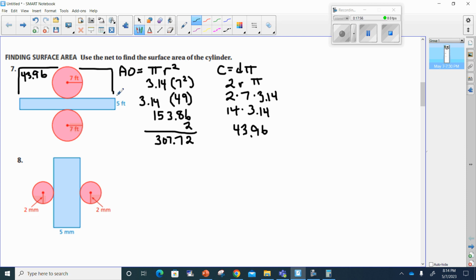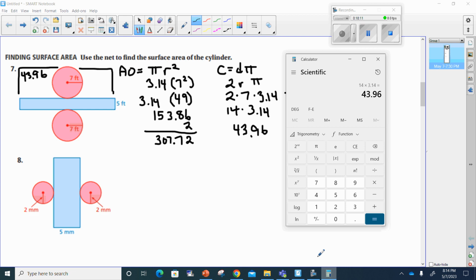Now we have the length and width of this rectangle. So I'm going to take 43.96 and multiply it by 5. That's going to equal 219.8.